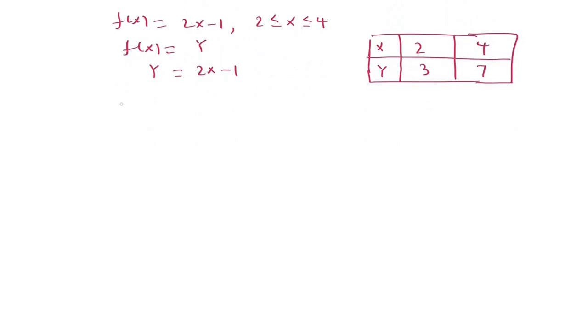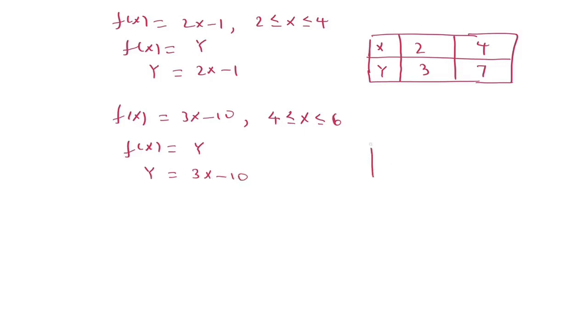Okay, so we also have function of x equals 3x minus 10 with the values of x as 4 less or equal to x less or equal to 6. Again, we are going to let function of x equal y. Then we are having y equals 3x minus 10. Then preparing the table of values.